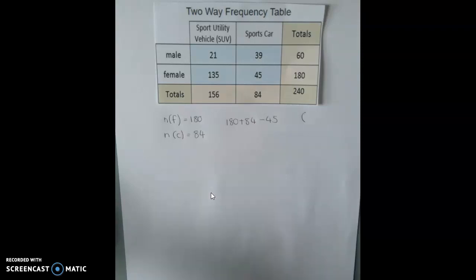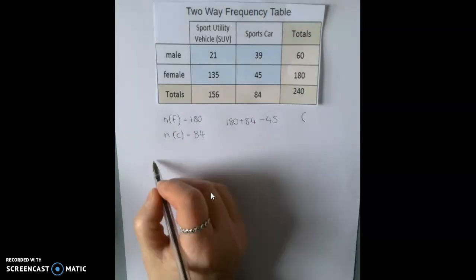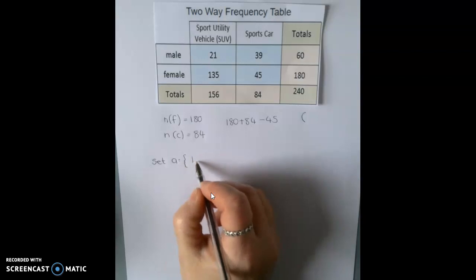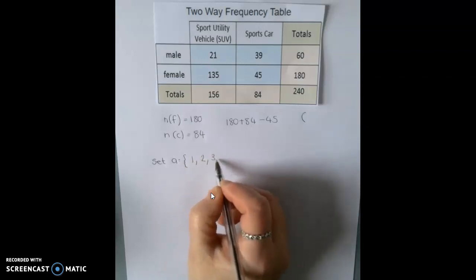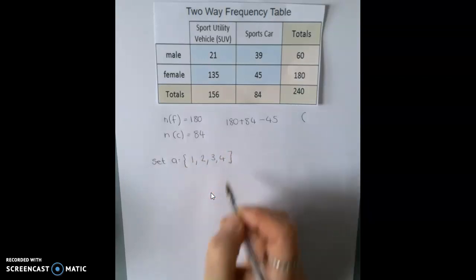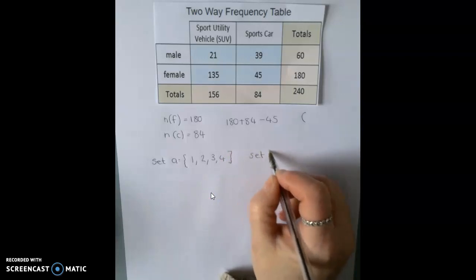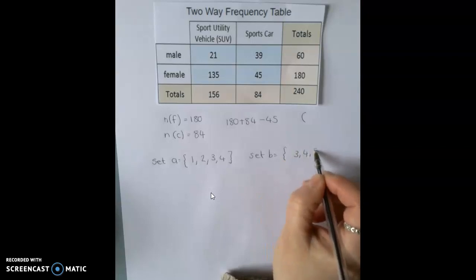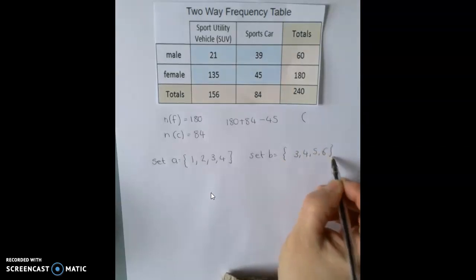So the easiest way to think about it is imagine we have 2 sets. So we have set A, and they have these funny curly brackets, that has the numbers 1, 2, 3 and 4 in it. And then we have another set, say set B, which has the numbers 3, 4, 5 and 6 in it.